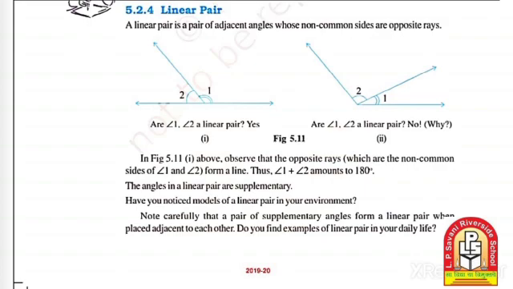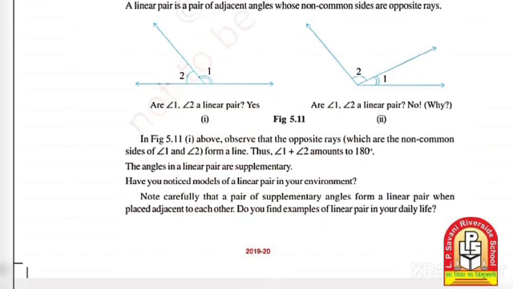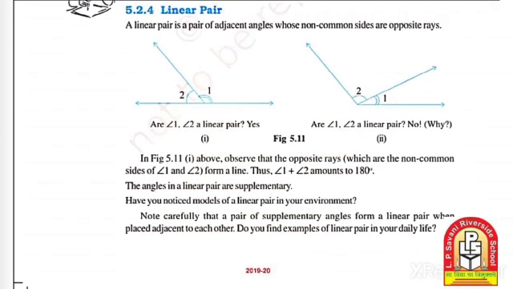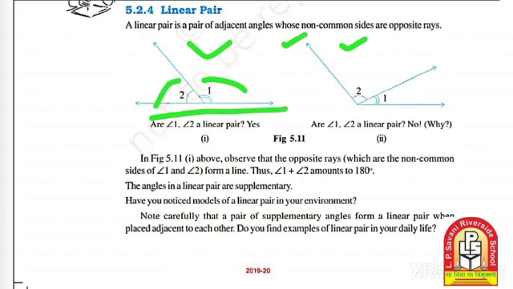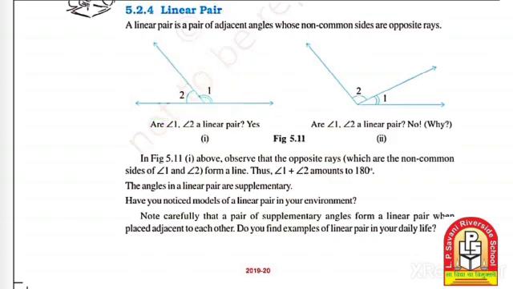Linear pair. A linear pair is a pair of adjacent angles whose non-common sides are opposite rays. In this figure you can see one line, and angles 1 and 2 lie on this line with one common arm.